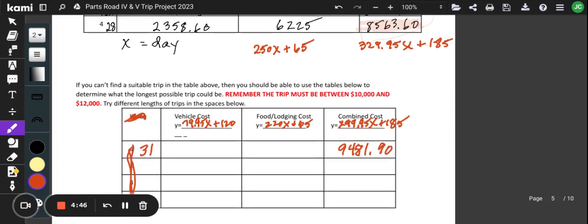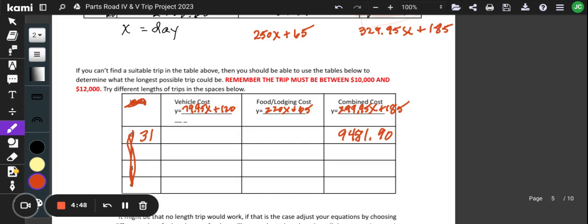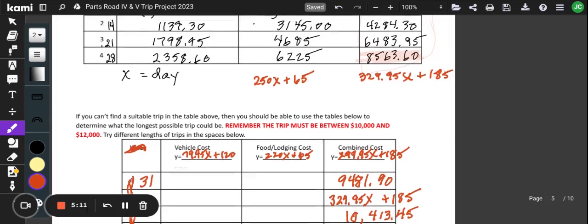All right. So my new equation, 329.95x plus 185. And that is going to give me $10,413.45. So 31 days. All right.